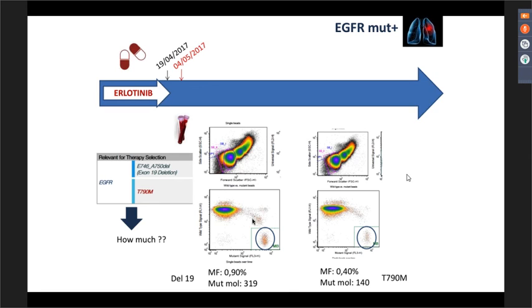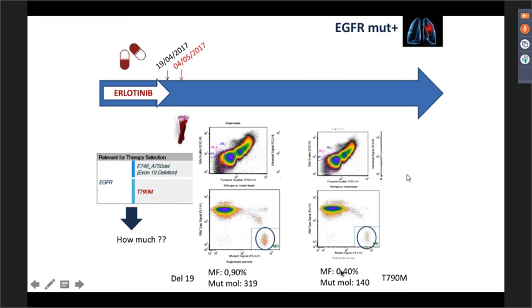We decided to know how much of this resistant mutation we were able to find in her blood samples, and we took another sample. It was taken in May 2017. We detected a mutant fraction of the sensitizing mutation of 0.9%, but we were also able to detect the T790M mutation.